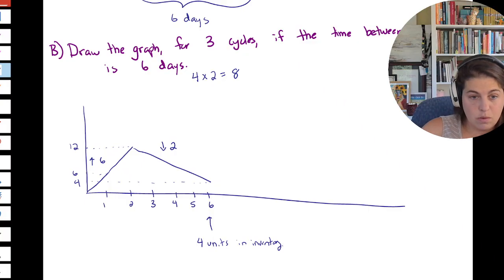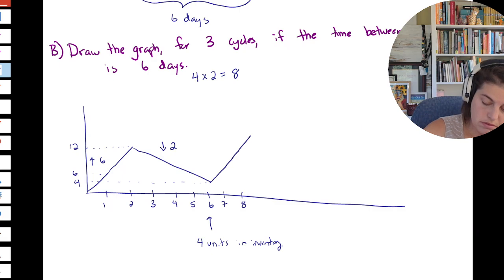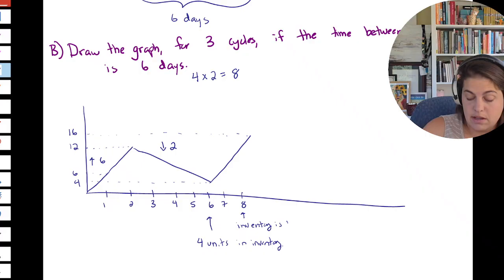Then what happens? Well, we start production again. We're going to increase by 12, except we didn't start at 0, we started at 4. So by the end of day 8, our inventory is 16.